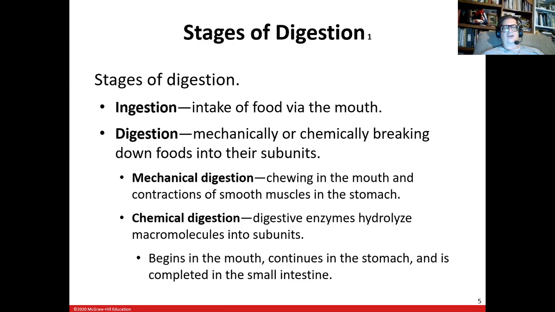It's real important to know the stomach is a mixing container. It holds food, it mixes food with acid and with enzymes. Most of the breakdown is actually in the small intestine, and most of the absorption of the food is also in the small intestine.